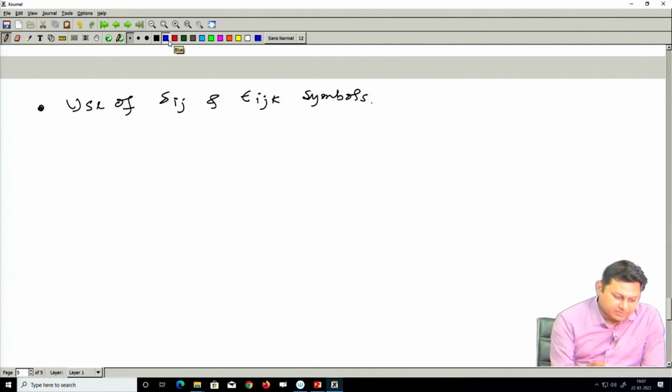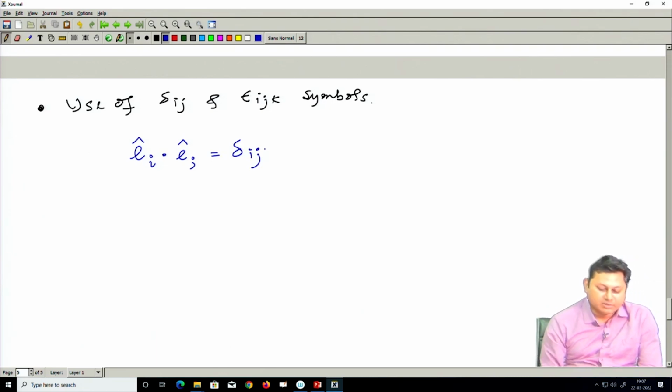So, first, already it is mentioned that for an orthonormal basis, e_i dot e_j, we use this delta function, Kronecker delta symbol, e_i dot e_j is delta ij, already mentioned.